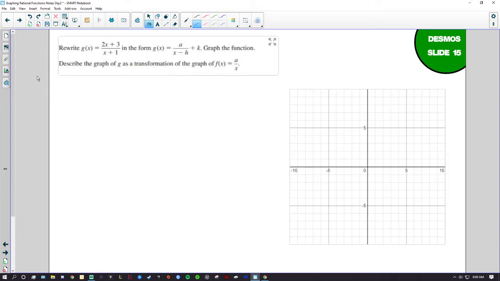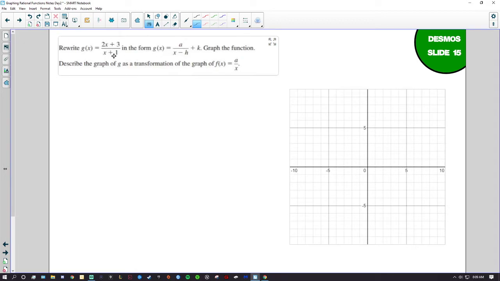One way is to try to simplify this. However, the easiest way is to think back to the good old days and use long division to divide these two.